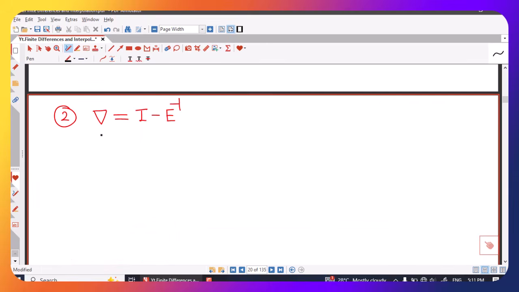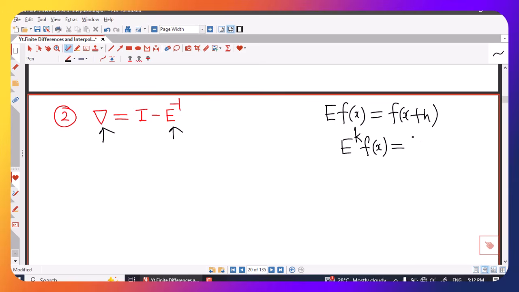The second relationship is between the backward difference operator and the shift operator. We know that if we have E f(x) equal to f(x+h), then we have shown in earlier lectures that if we take the kth power of E applied to f(x), this is going to be f(x+kh).